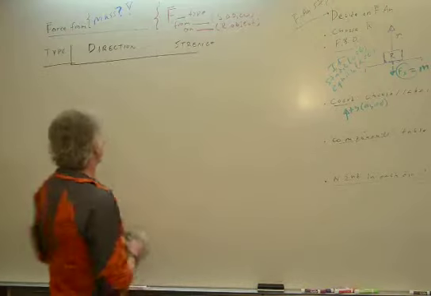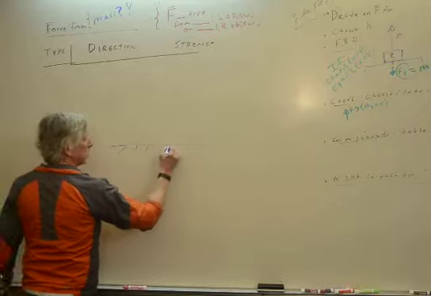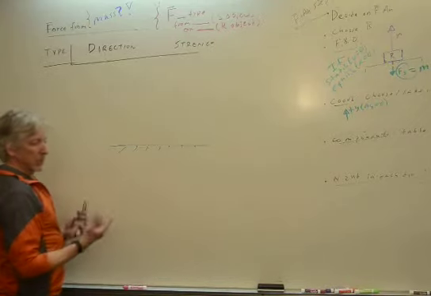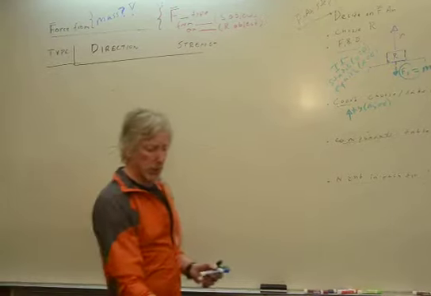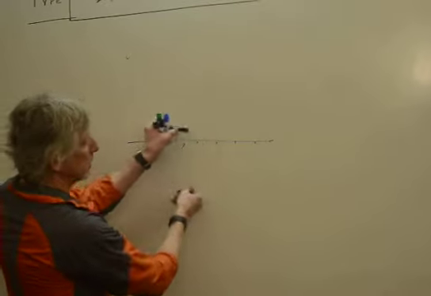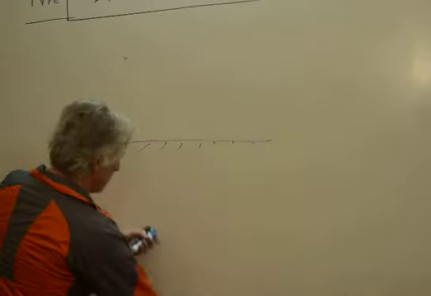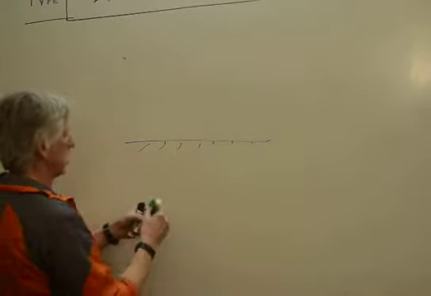Suppose, let's take a horizontal surface here. Let's take 2 or 3 objects, kind of like this. I don't know, maybe magnets. Anything.